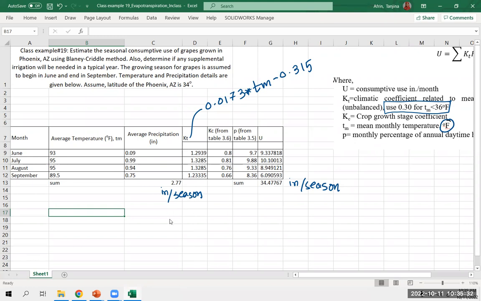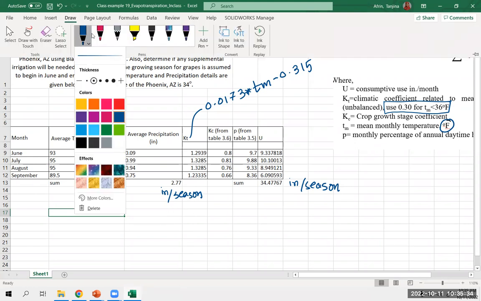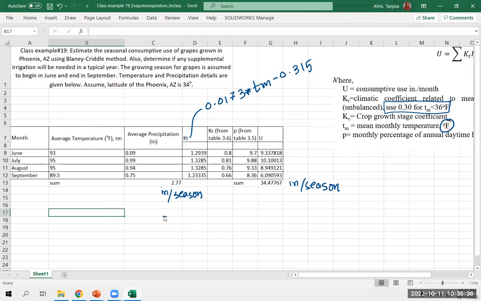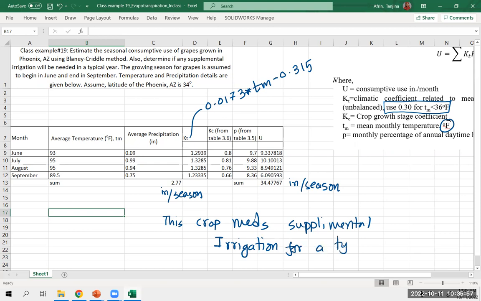So the final statement will be what? This plant or this crop needs supplemental irrigation for a typical year.